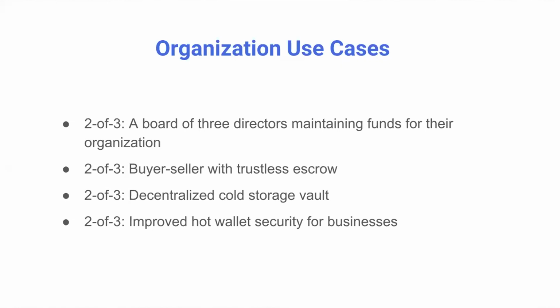Let's say you have a board of directors of 3, but it could be more, maintaining the funds for the organization, and those funds can't be spent unless 2 of the 3 directors agree. And again, bigger multi-signature setups are possible for bigger organizations, maybe 3 of 5 signatures or 5 of 9, etc.